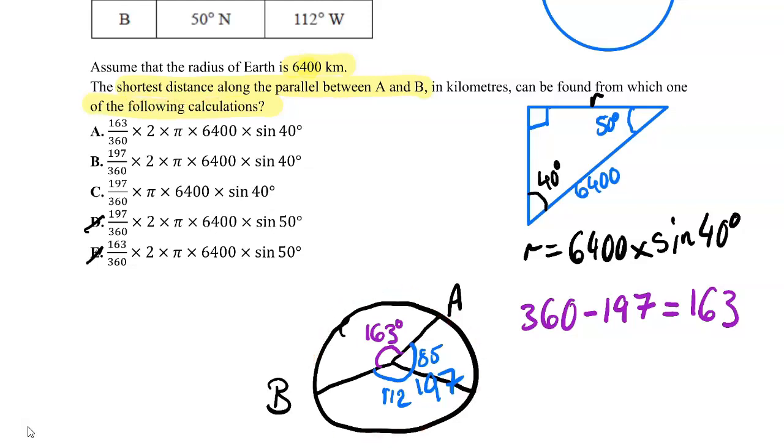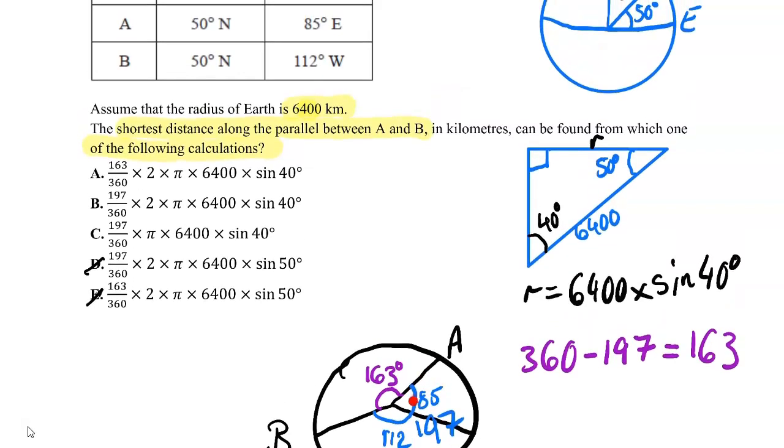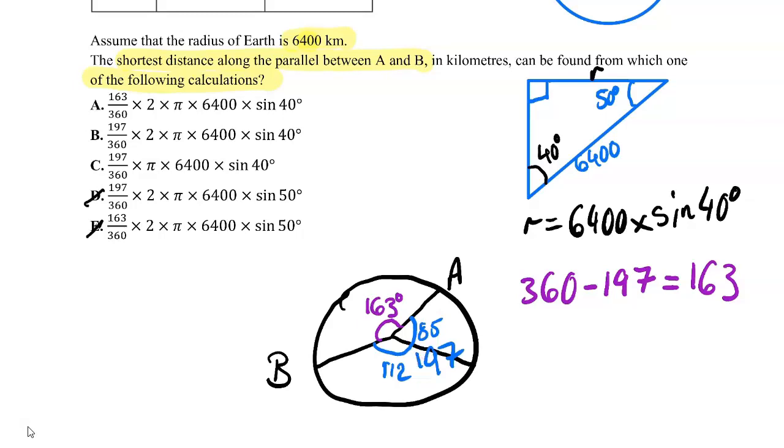So here is 197 degrees between them going that way, because one is east and one is west of that prime meridian. However, the other way is only 163 degrees between them. So that's why the shortest distance is actually A. That one, 163 degrees between them, and with that calculation.